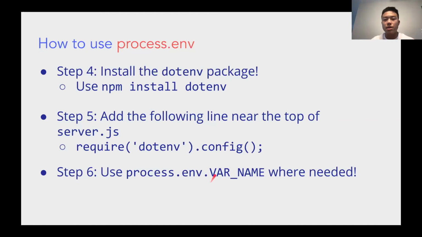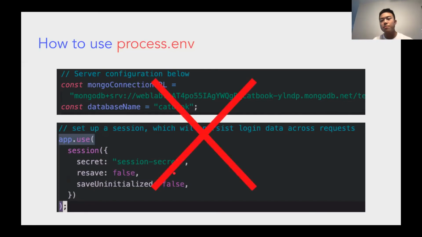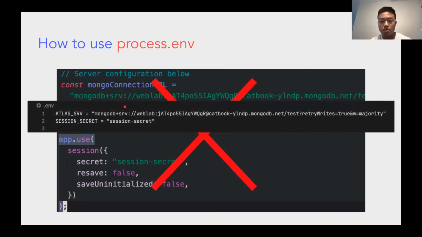Cool, let's see how that works. So in our code before, right, we had Mongo connection URL equals string. We also had session secret over here, hard-coded. These are sensitive pieces of information we don't want GitHub to be able to see. We don't want other people to just be able to see this by opening up our GitHub. So we're going to move them to the env file. So now they exist in the env file under the variable names Atlas SRV and session secret.